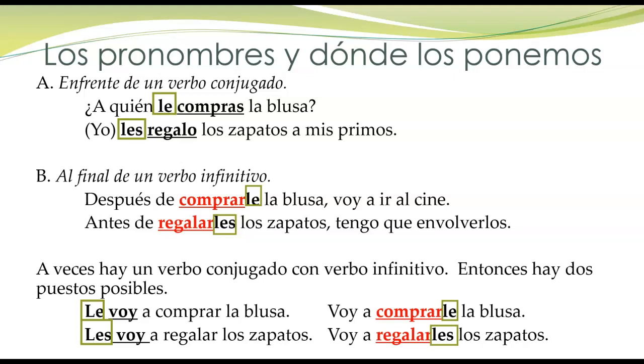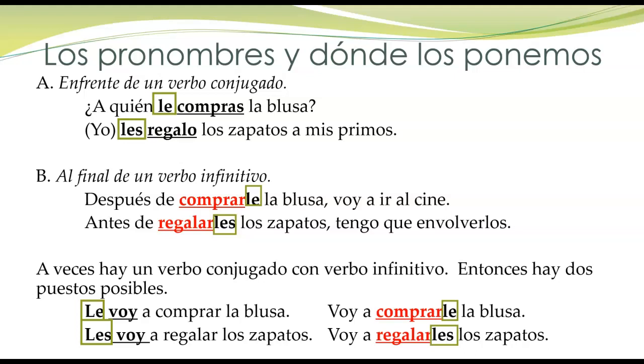And if I'm using an indirect object pronoun to refer to whoever it may be, I can go back to A, enfrente de un verbo conjugado, le voy a comprar la blusa, or les voy a regalar los zapatos. But since I also have an infinitive, I can attach it to the end. Voy a comprarle la blusa. Voy a regalarles los zapatos. There's no difference. It's a matter of choice.